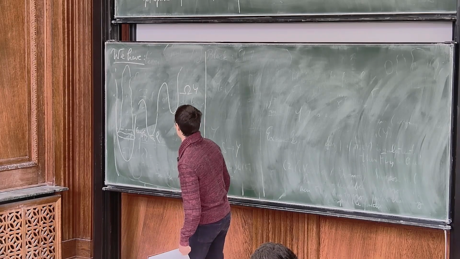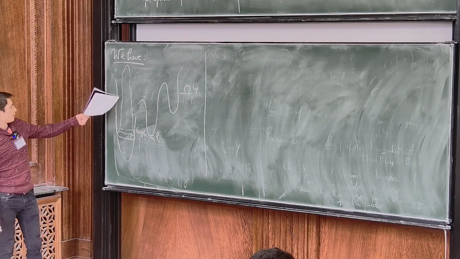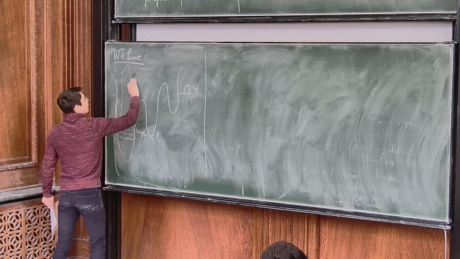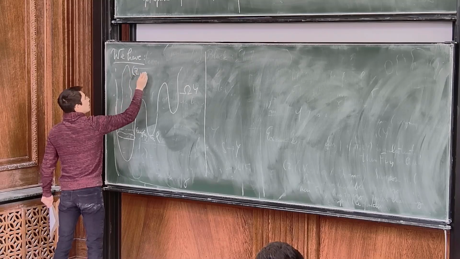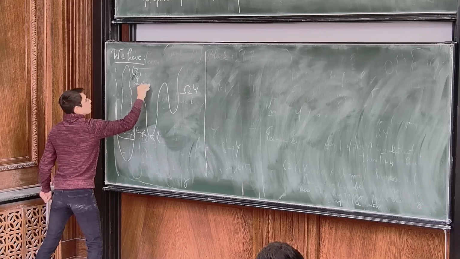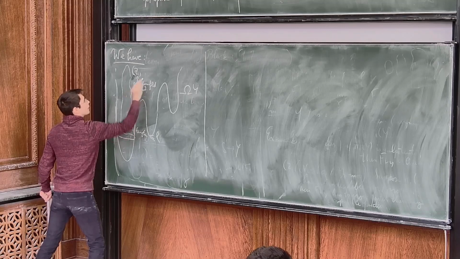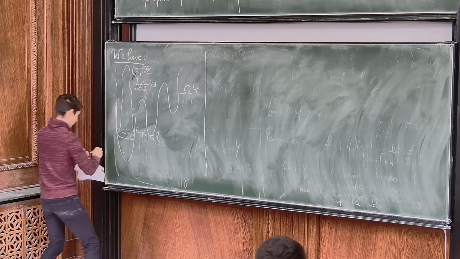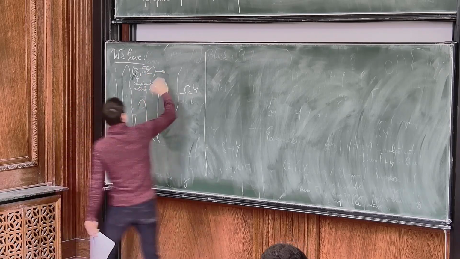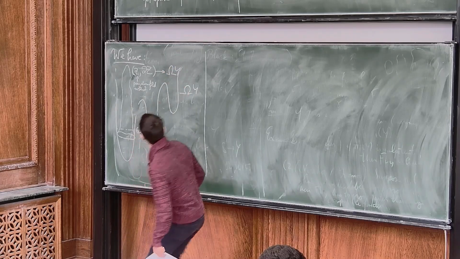Right, so I can think of this cycle and its filling as a map, right? This is some map from some pseudo-manifold with boundary to the loop space.